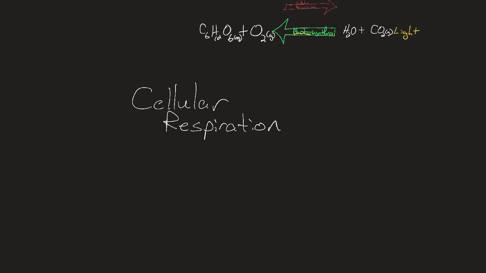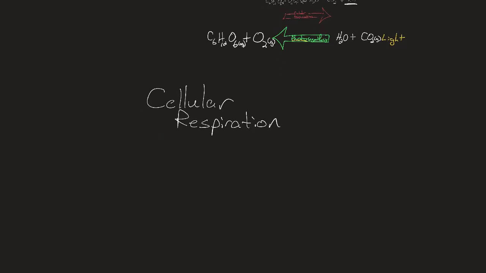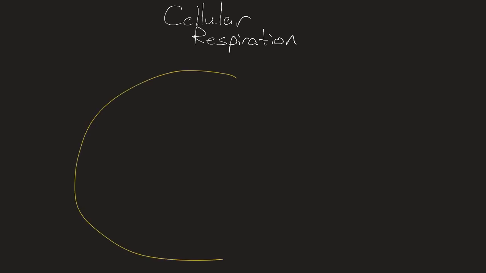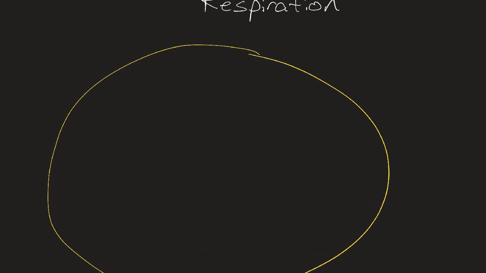So if you're running cellular respiration, that uses oxygen. If it's going to be cellular respiration, I hope it's obvious that we have to start with a cell. So let's start with a cell. As soon as glucose comes in, you have to trap it inside, because the glucose channels will allow glucose to come in and out.